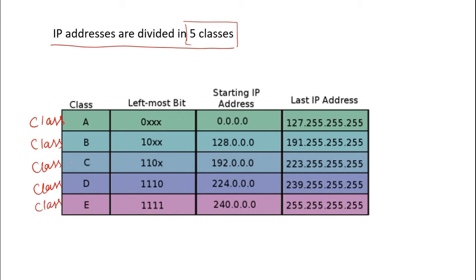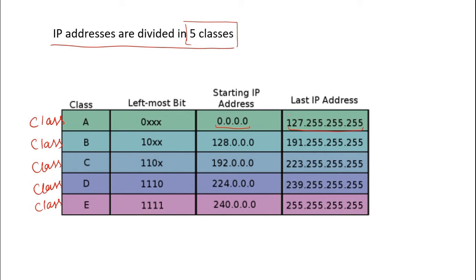It is divided based on the first octet's decimal number. So if our IP range is between 0 to 127, you see that the starting IP is in the range of 0 to 127.